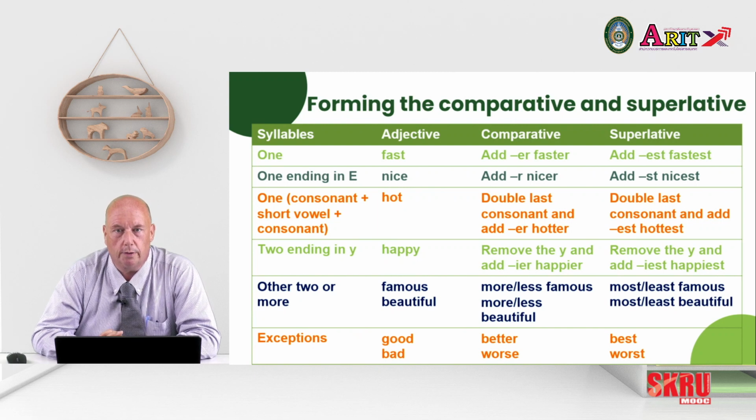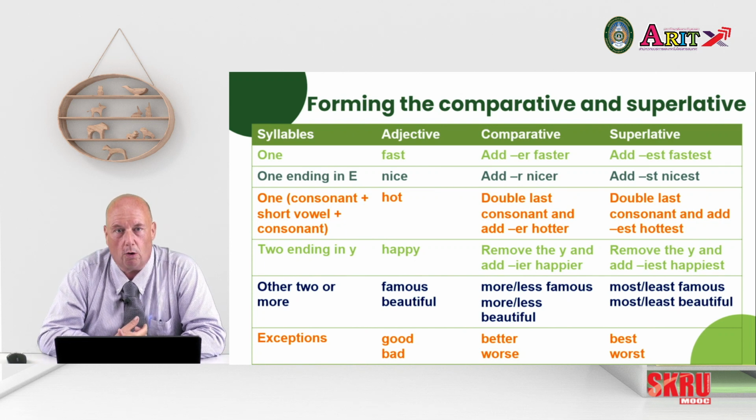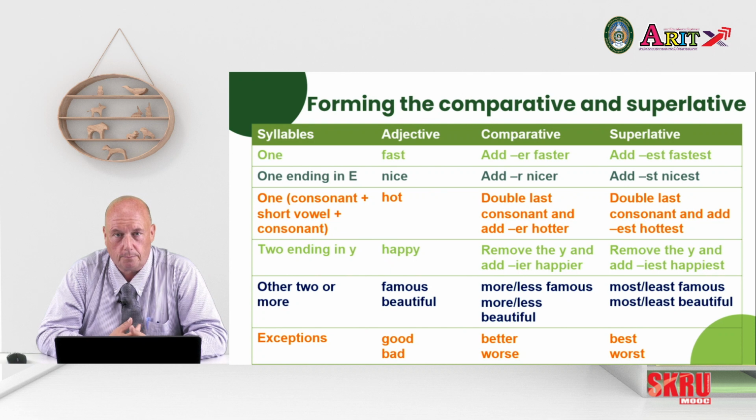Sometimes we have to double the final consonant, add an extra letter. You see that with nouns and other things in English as well. So if there's one consonant followed by a short vowel and a consonant, like in the word hot, short vowels, that means the sound of the vowel.